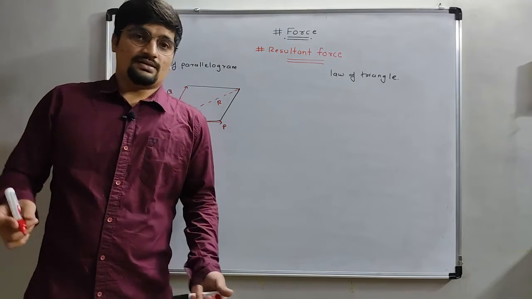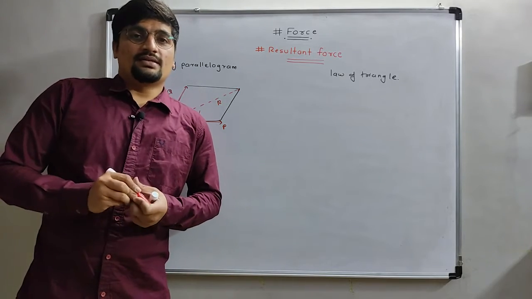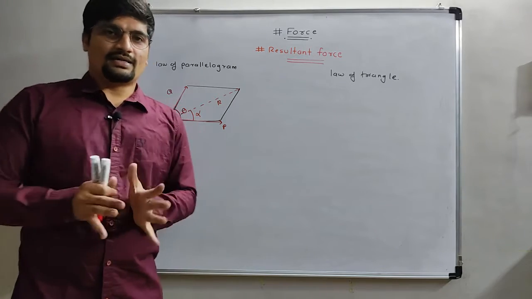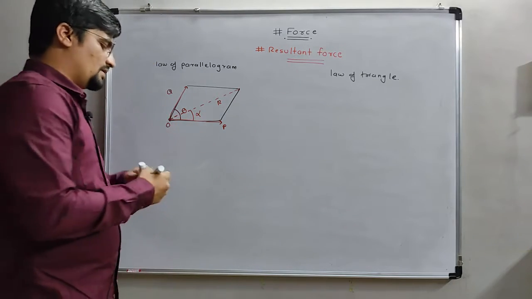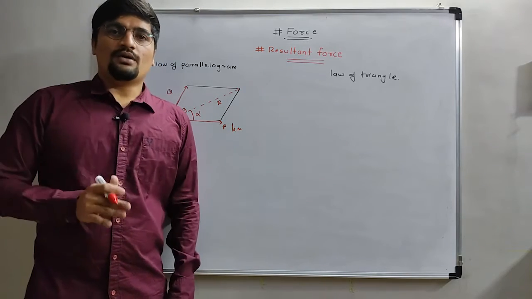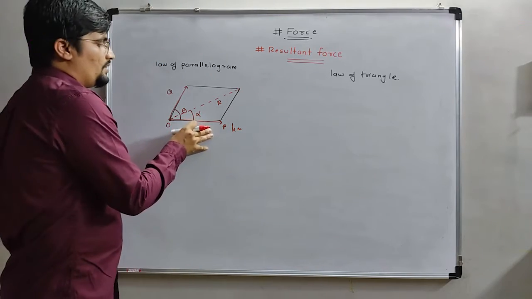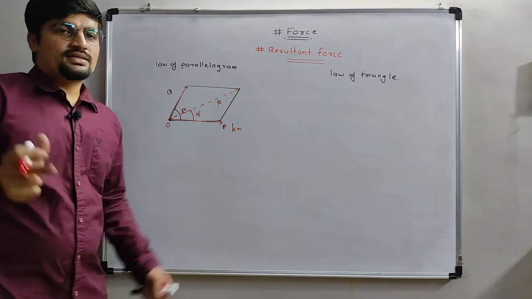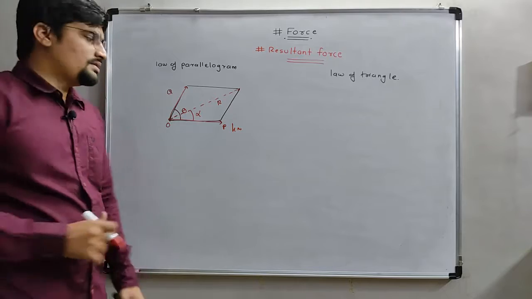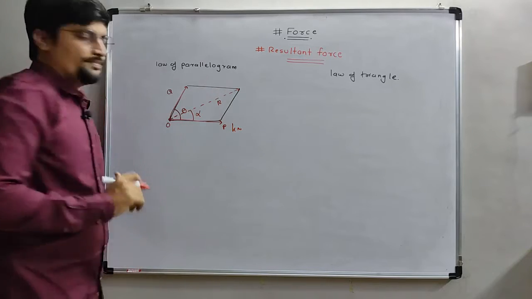So the statement is, if two adjacent forces of magnitude and direction, the magnitude is in kilonewton and the direction is either tensile or compressive, act on the two adjacent sides of the parallelogram, then the resultant force is the diagonal of the parallelogram.